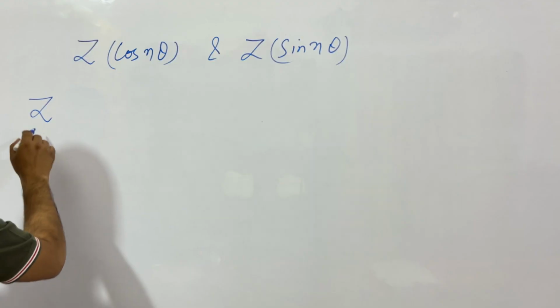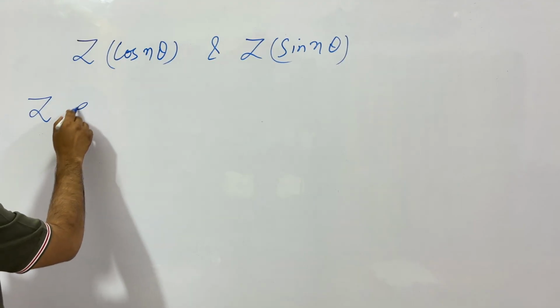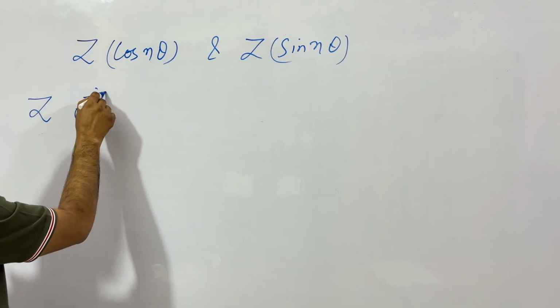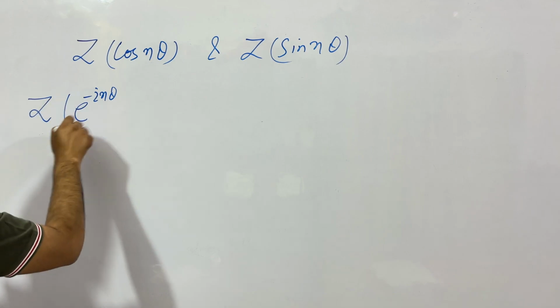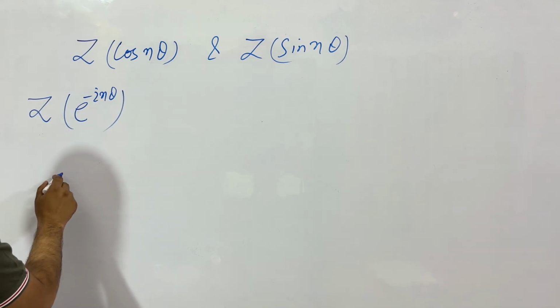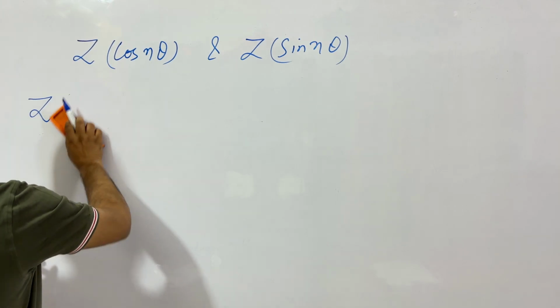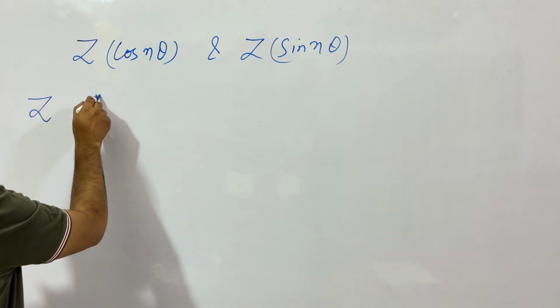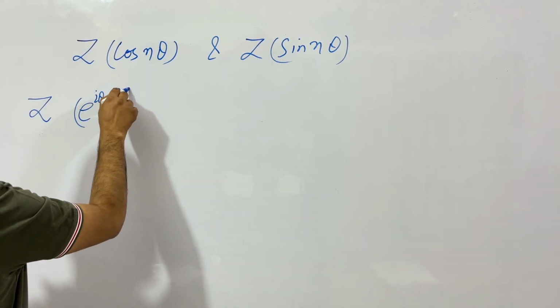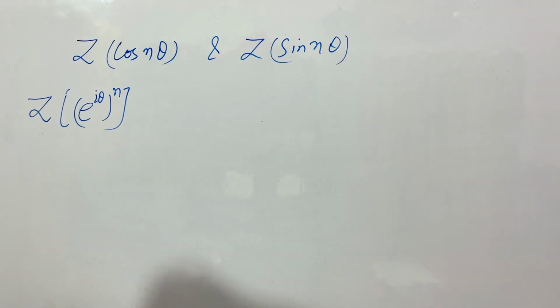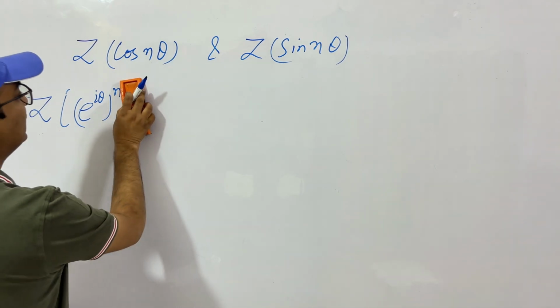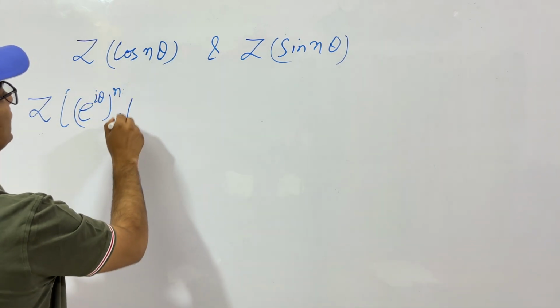Z of, let's say we have to find e to the power minus i n theta. Okay, this we have to find. Now e to the power minus i n theta, you can write it like e to the power minus i theta to the power n. Or you can understand it as a to the power n into 1.